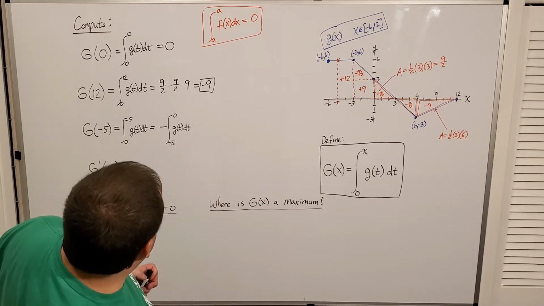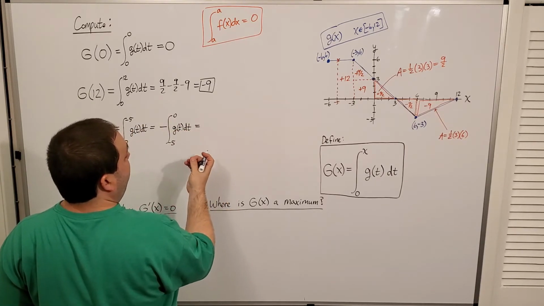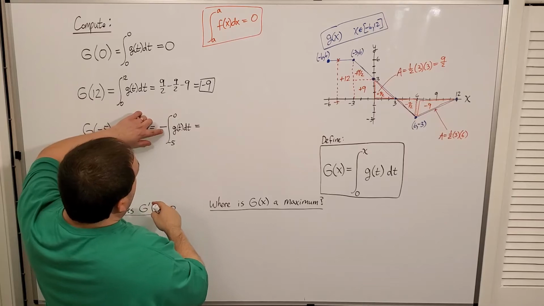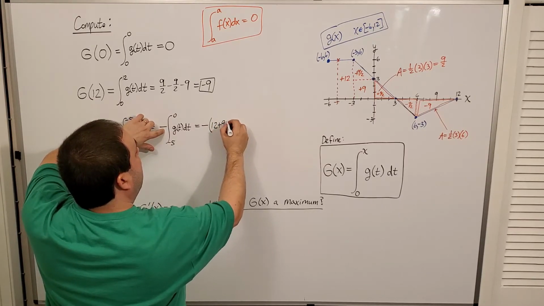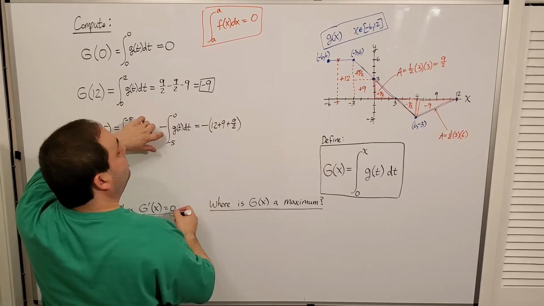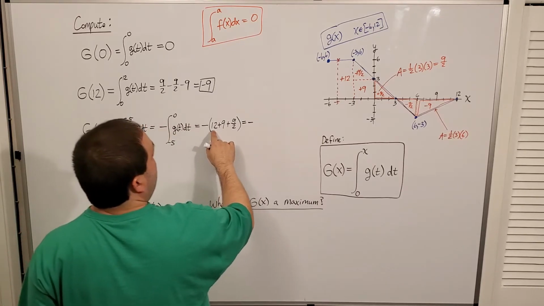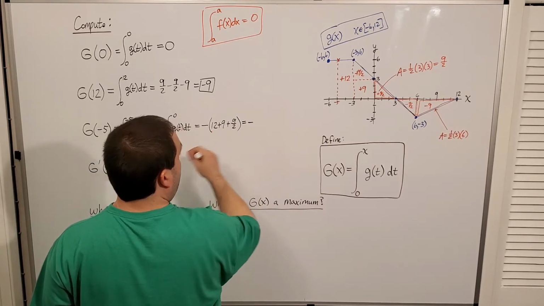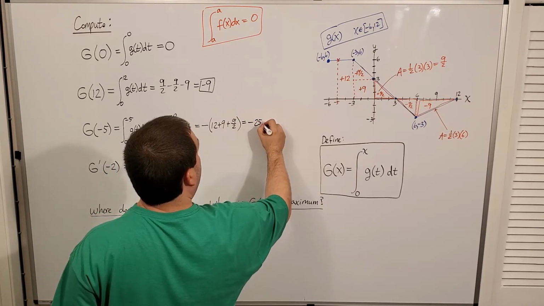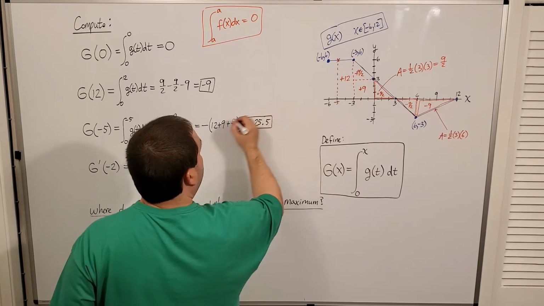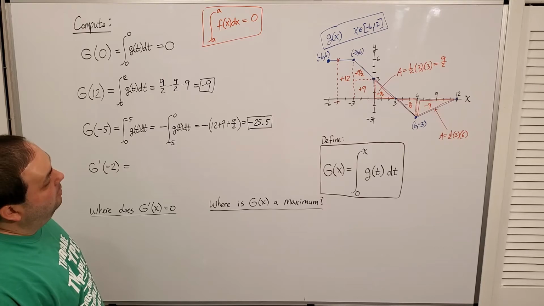All right, so then for this antiderivative, for this integral, for this signed area, I've got a negative, and then I have 12 plus 9 plus 9 halves for a grand total of negative, let's see, that's 21 plus 4.5, so 25.5 negative, right? Okay.